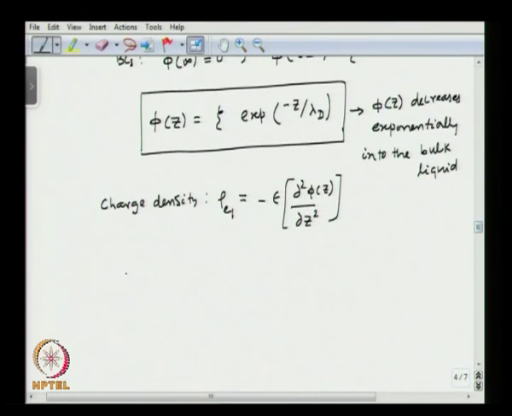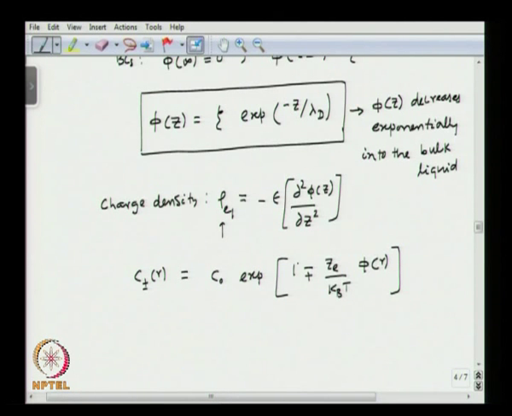So we can find the charge density, and knowing the charge density we can find the concentration of the ion. The ionic density is C0 into exponential of minus plus Z e over kBT into phi r. Okay.